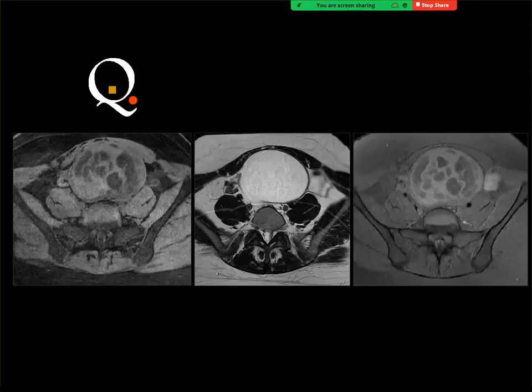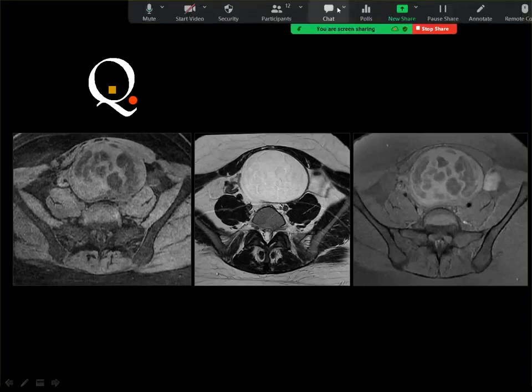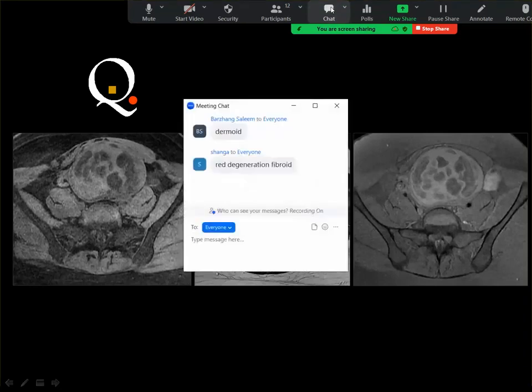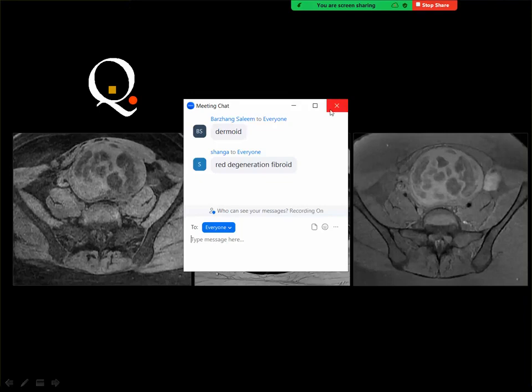This is an MRI of the pelvis, and this is T1 fat set, and this is the T2, and this is also T1 fat set with contrast. Red degeneration.